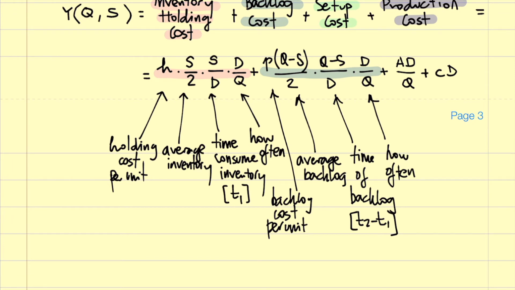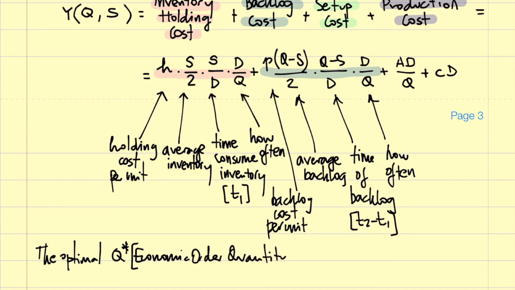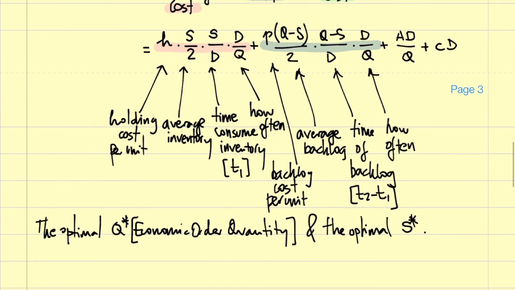So, how do we get the minimum cost, the optimal Q star, economic order quantity, and the optimal inventory level after delivery, S star? Okay, how do we get it?